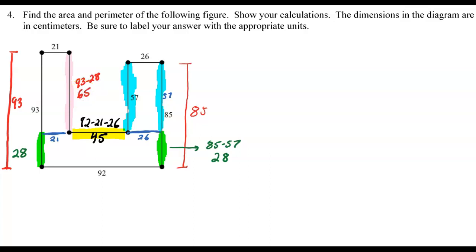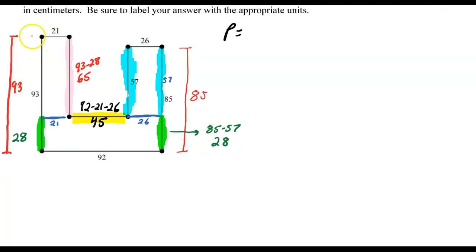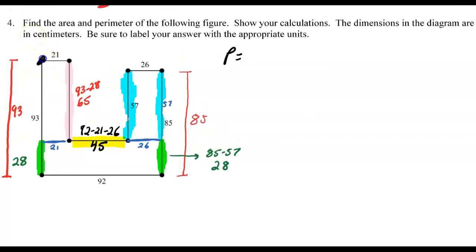At this point, I'm ready to find the perimeter. And I know that was a lot of work to get the pink piece. So the perimeter, I'm going to start at this black dot, top left corner.